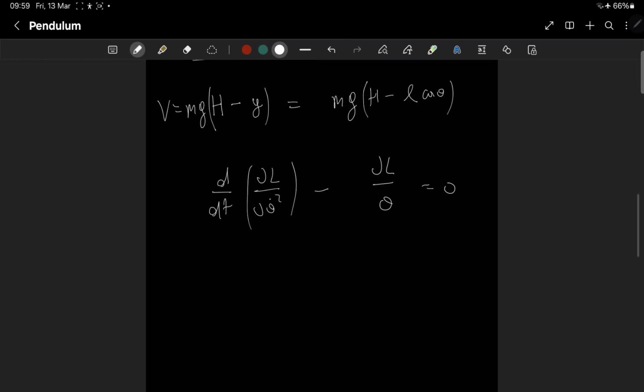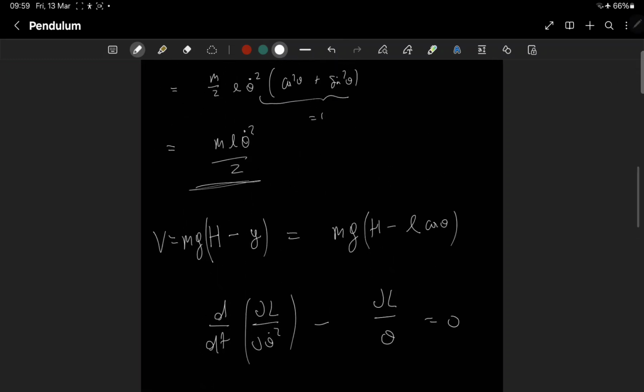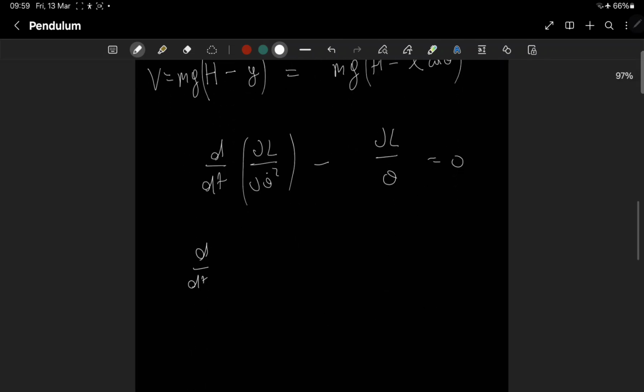So we get d by dt of partial T by partial theta dot, minus partial V by partial theta.